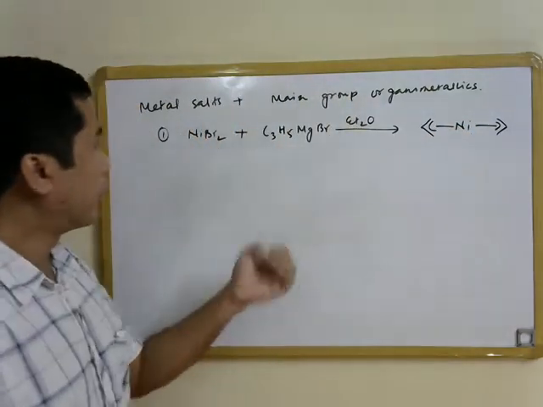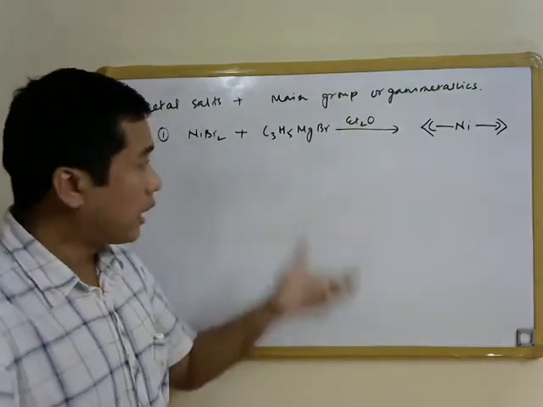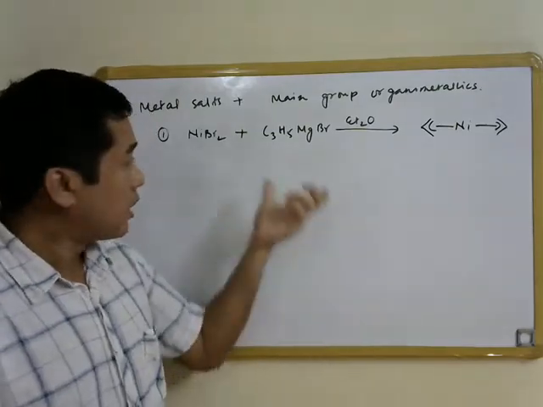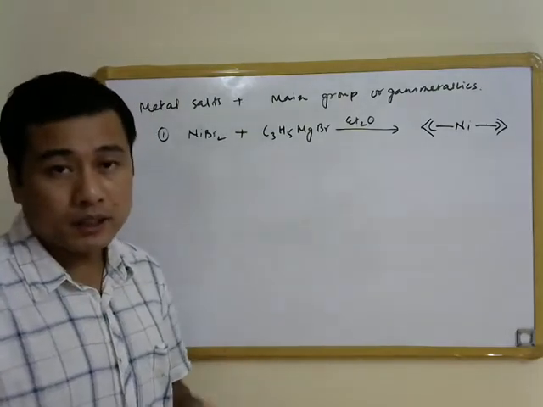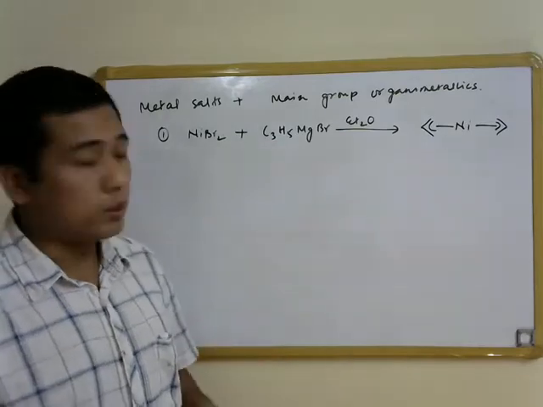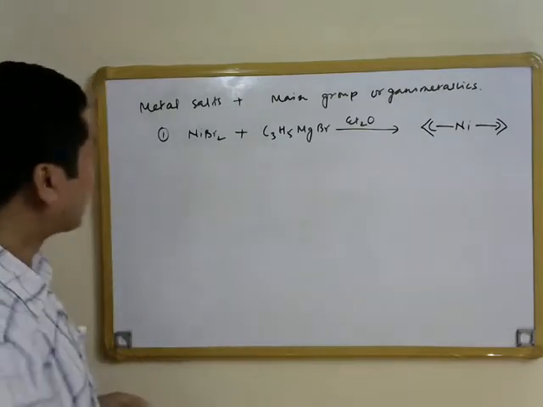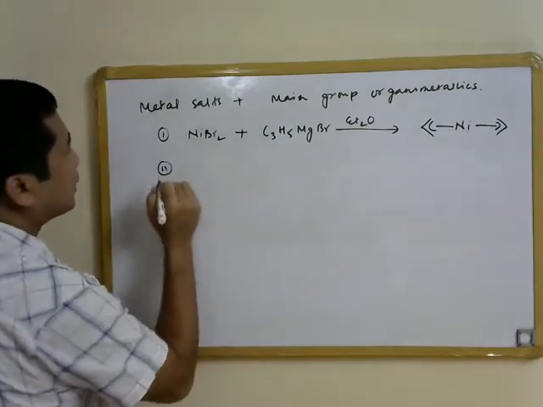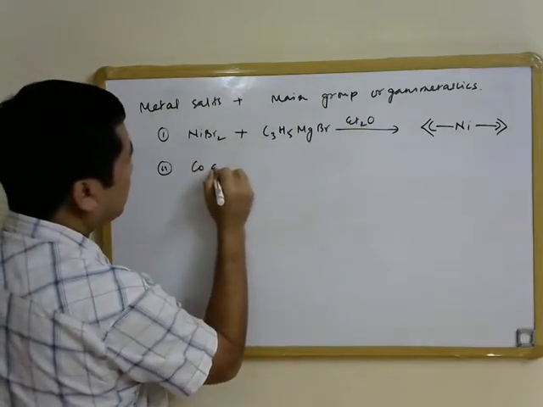So one can easily prepare such metal allyl complexes by using allyl magnesium halides as the reagent by doing this sort of metathesis reaction.